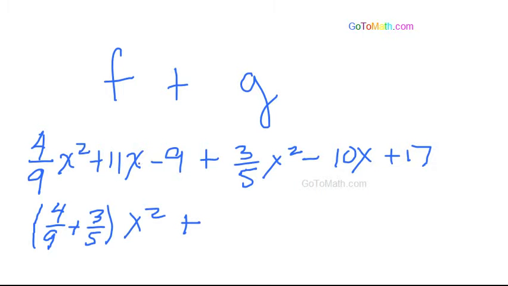Okay, our other like term is 11x minus 10x. So that's just going to be an x, isn't it? Am I crazy on that or what? 11x minus 10x, yeah, x.